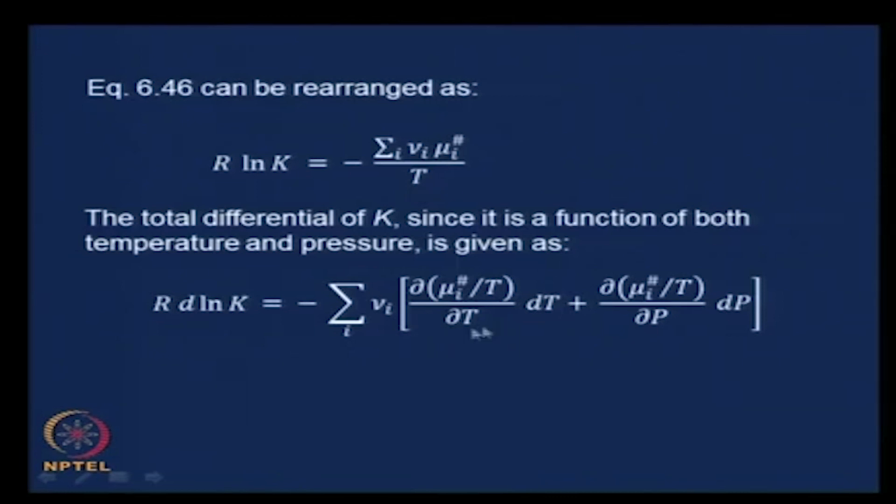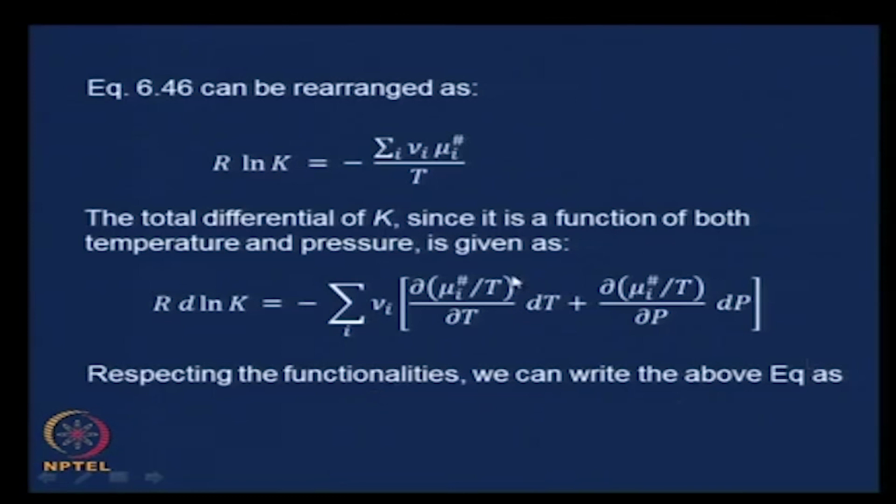So that is written as the total differential in terms of the partial derivatives: dou T of mu i hash by T dT plus dou P of mu i hash by T dP. Therefore R d ln k equals minus the sum over i of nu i times dou T of mu i hash by T dT plus dou P of mu i hash by T dP.